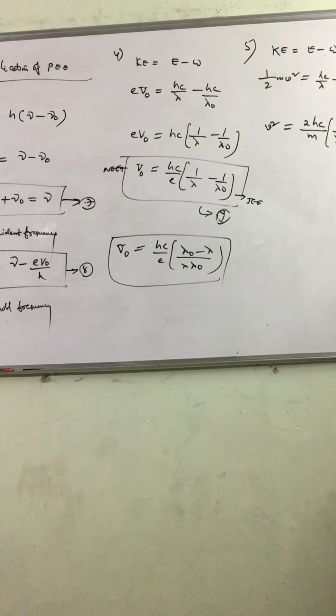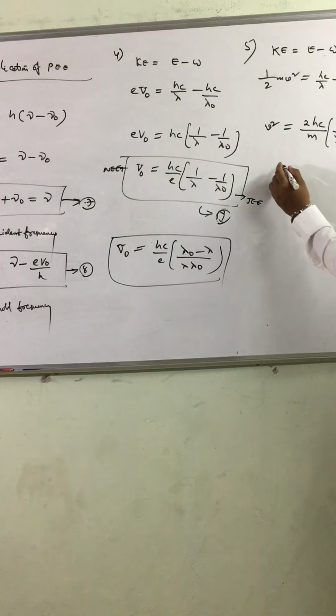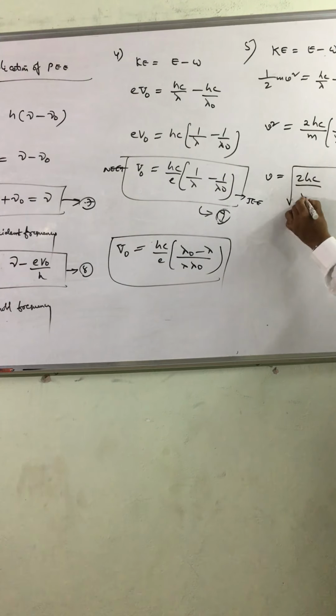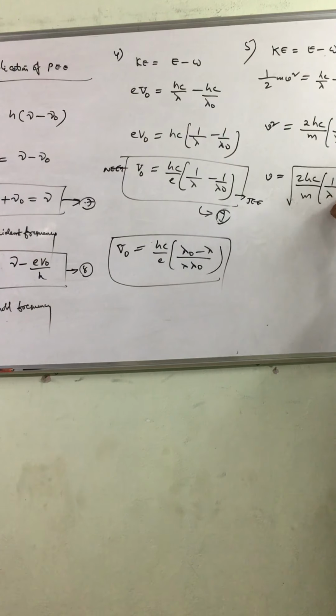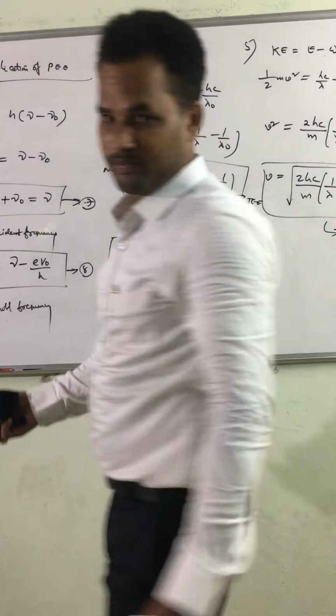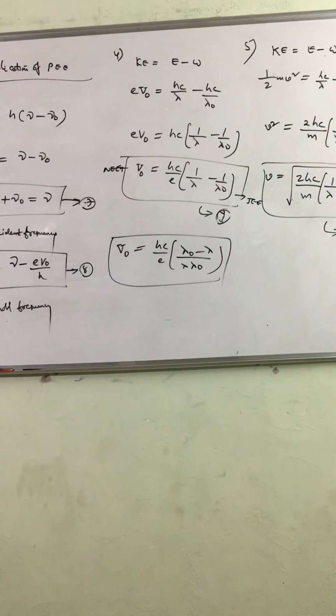Understand? V is equal to root over 2hc by m into (1 by lambda minus 1 by lambda naught). This is also a very, very important useful problem for JEE Main and NEET. So these are the different types of applications of photoelectric equations.